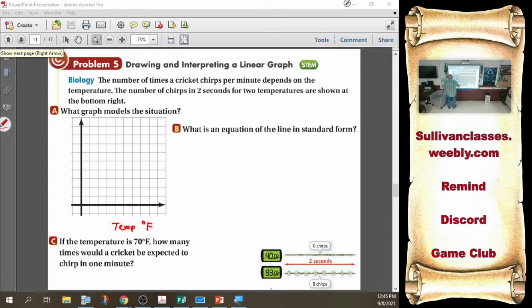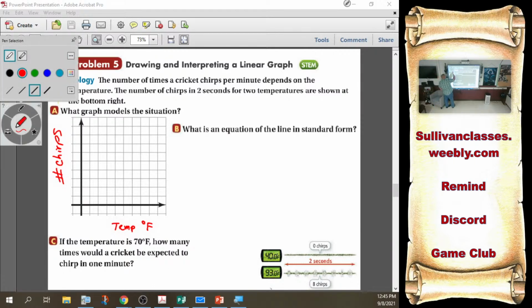Make sure you have the right label on there. And then chirps. Okay, now what? Well, I know that's X and Y, right? Maybe I'll just label that off to the side so I remember.